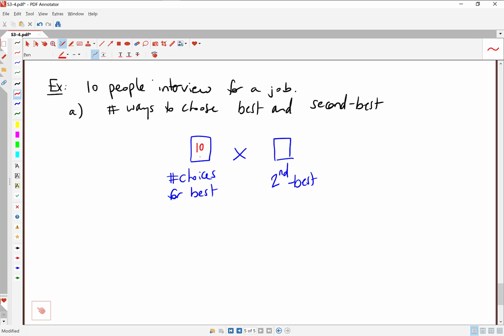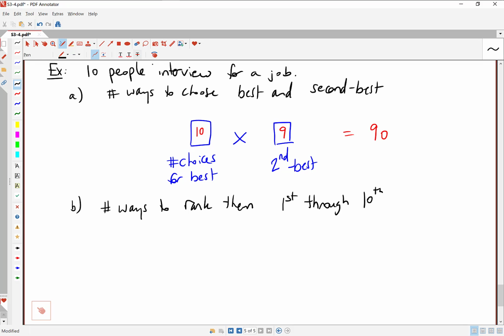But then once someone has been selected as best, they're out of the pool of candidates for second best. So there are now only 9 options for who could be ranked second best. So 10 times 9 gives us 90 possible different ways of choosing a best and second best candidate.